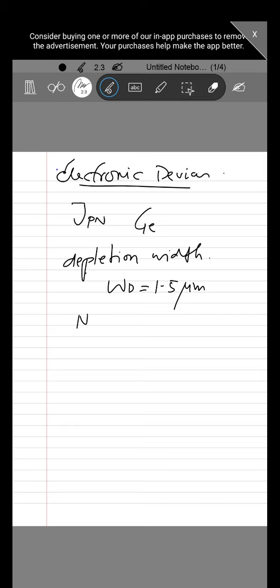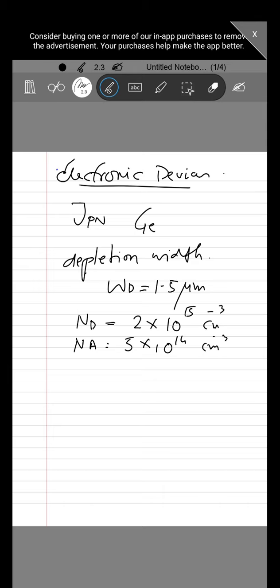The donor concentration is 2 into 10 to the power 15 per centimeter cube, and the acceptor concentration is 5 into 10 to the power 14 per centimeter cube.